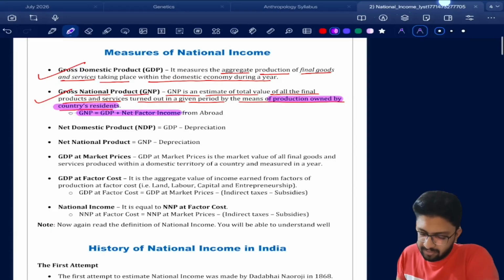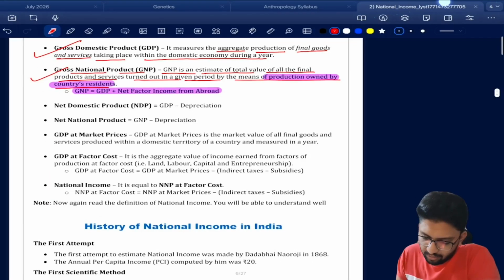GNP is equal to GDP plus net factor income from abroad. Then we have net domestic product, NDP, which is GDP minus depreciation. Net national product, NNP, is GNP minus depreciation.